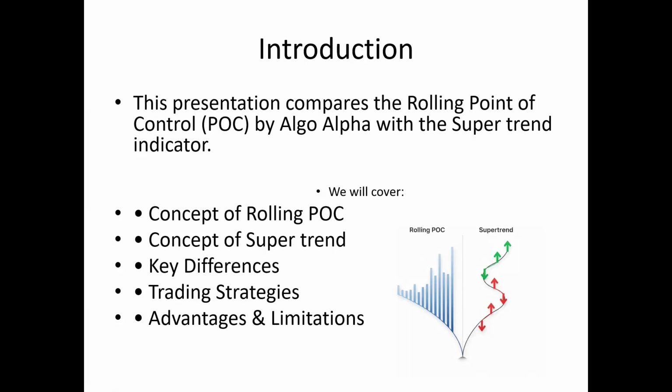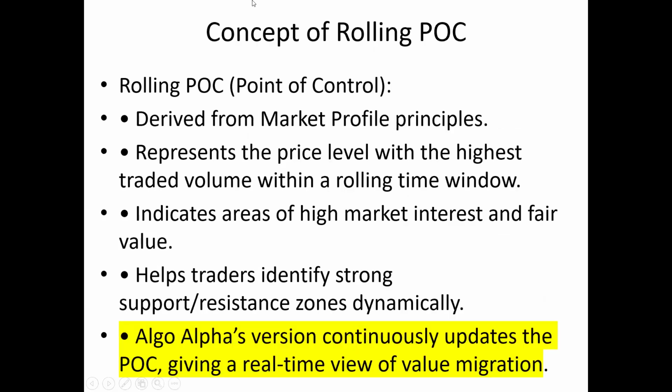And I'm using the Supertrend because I'm going to explain why Algo Alpha has certain limitations and Supertrend has some advantages also. Here we are going to understand the concept of Rolling POC, the concept of Supertrend, key differences, trading strategies, advantages and limitations.